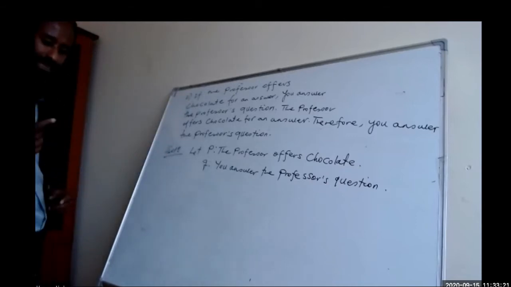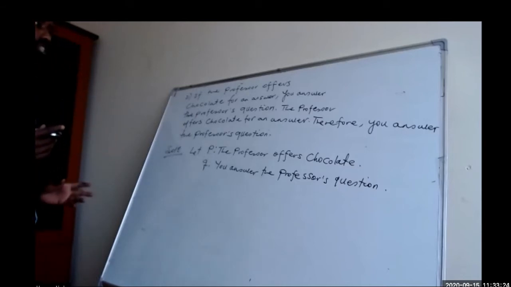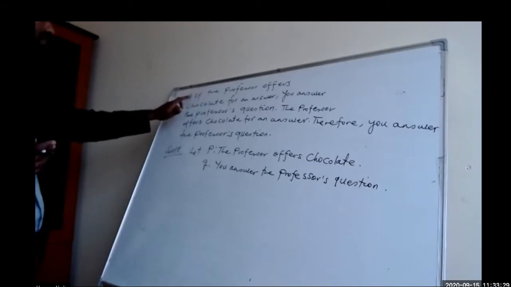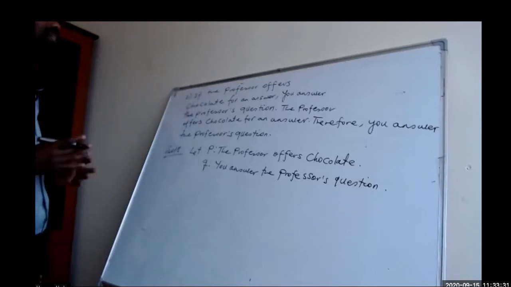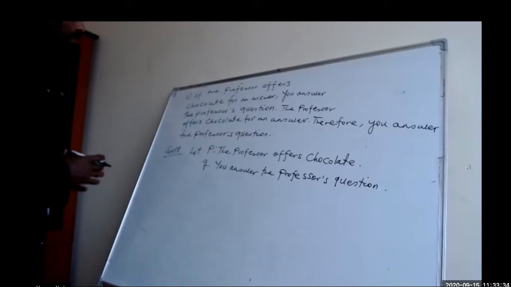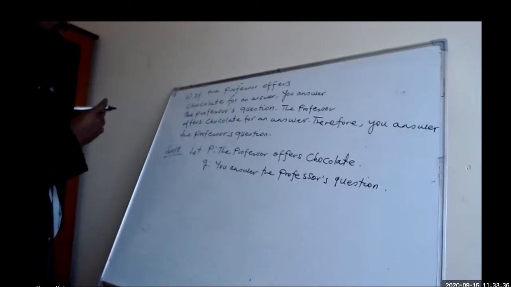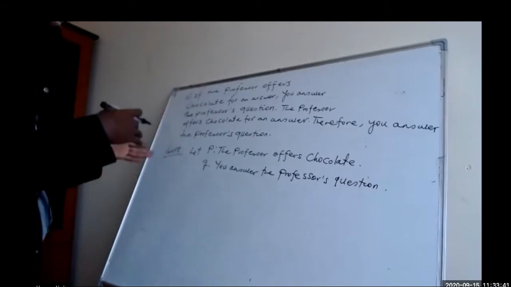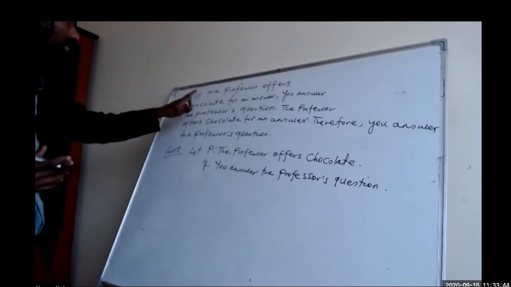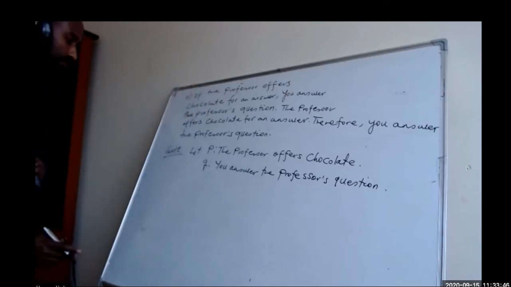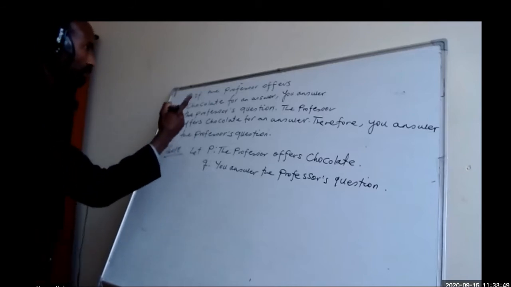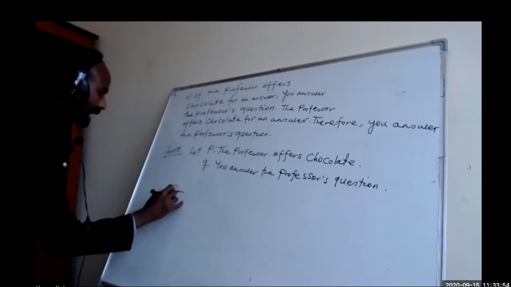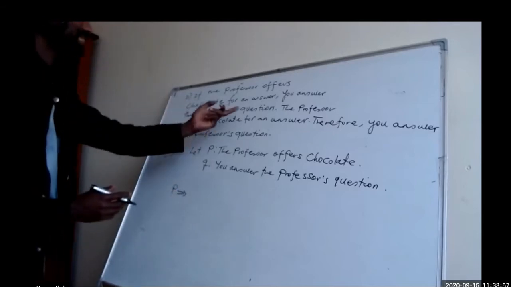While we are constructing the argument or the logical deduction, you have to identify whether a given logical connective is applied in constructing the logical deduction, or in each premise and in the conclusion. So the first one, it begins with if. So we have what we call the implication. So the professor offers chocolate means P. So P implies, then you answer the professor's question.